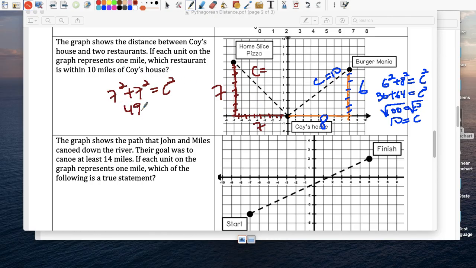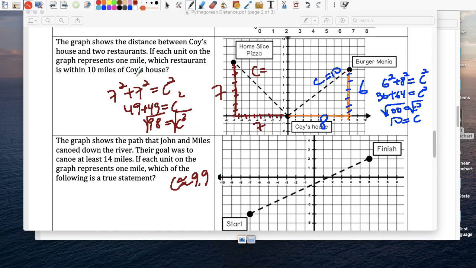So we get 49 plus 49 equals c squared, 98 equals c squared. Take the square root of both sides, and c equals approximately 9.9.